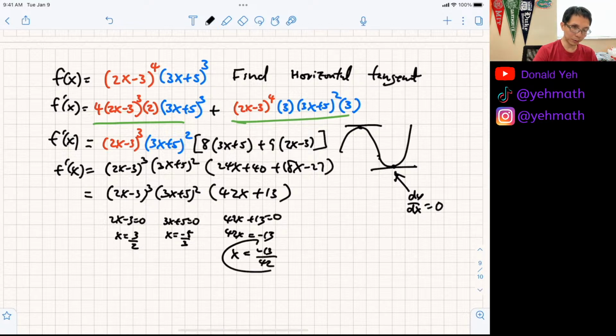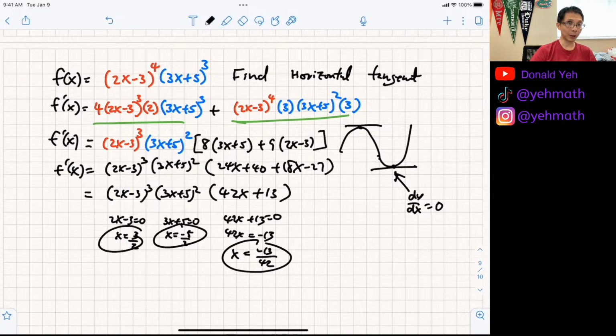So there were 3 horizontal tangents here, if you know how to factor correctly. Are we okay here? So it has a chain rule and a product rule.